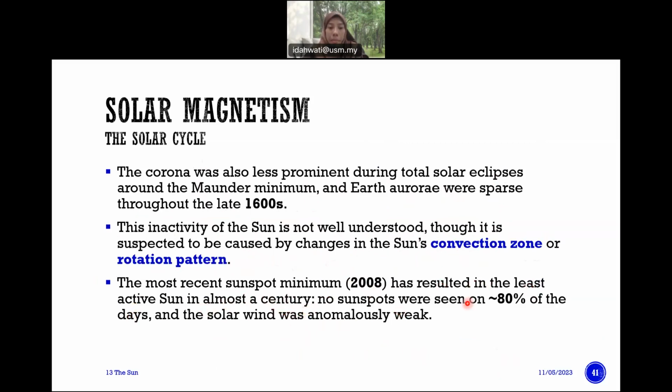No sunspots were seen on 80% of the days, and the solar wind was anomalously weak. Almost 80% of the time, they couldn't observe any sunspot, so it's called the sunspot minimum.